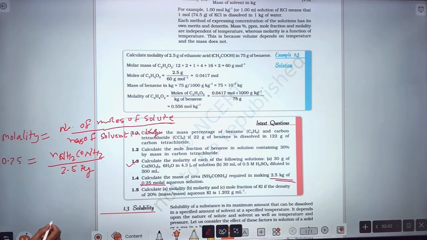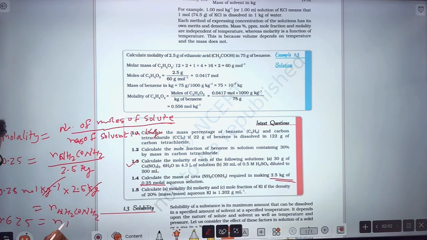It is 0.25 mole per kg into 2.5 kg, that will be equal to number of moles of urea. So 0.25 and 2.5, kg cancel out. 0.625 will be equal to number of moles of urea.